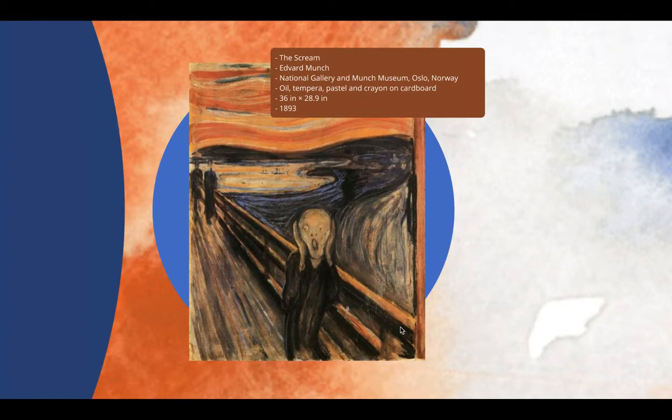We could talk about the texture. The artist did not smooth out his strokes. He purposefully left them there, so that creates kind of a gestural effect.